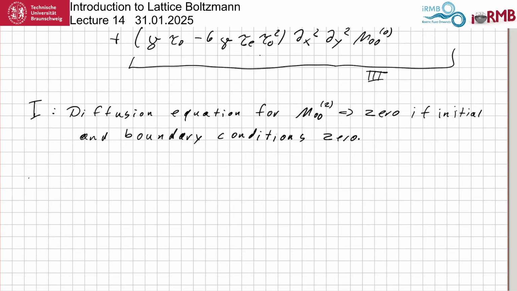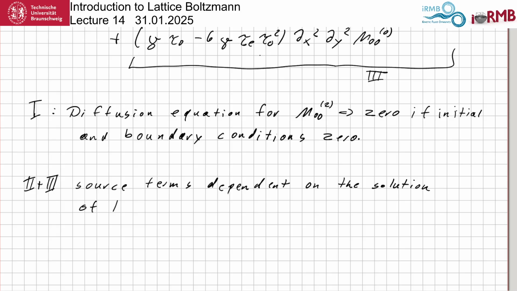So the parts 2 and 3 together, these are the source terms. And they are the reason why we actually have an error, because they depend on the solution, and the solution is of course not 0. M00, equilibrium or not, to 0 order, this is our solution.